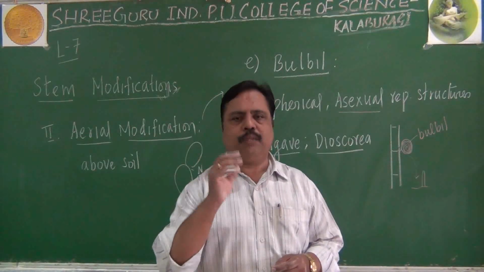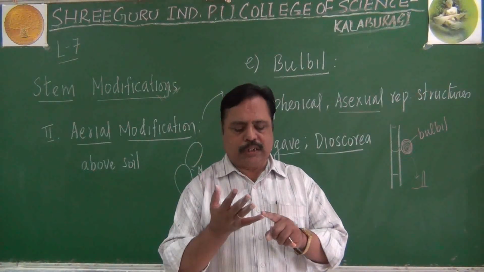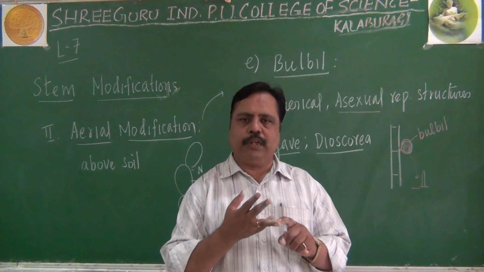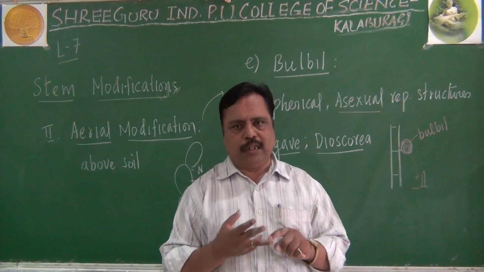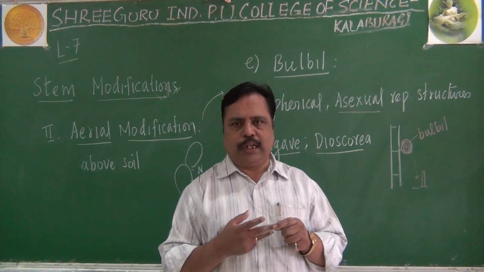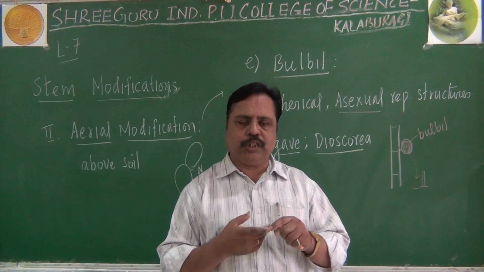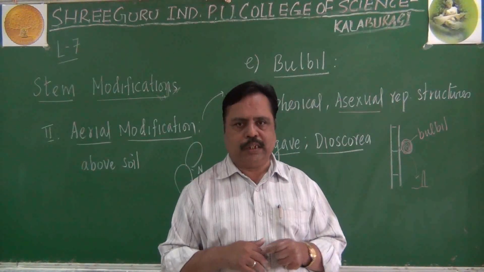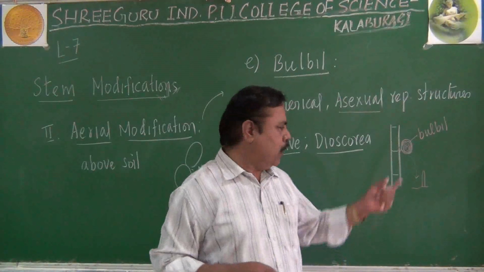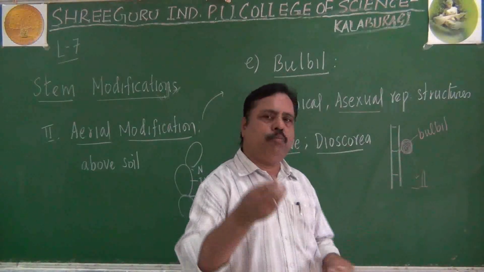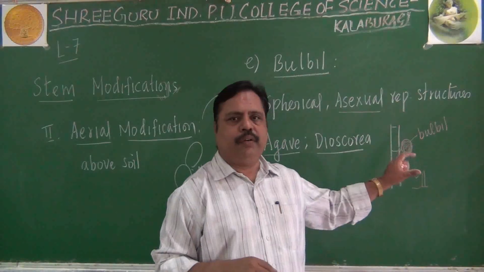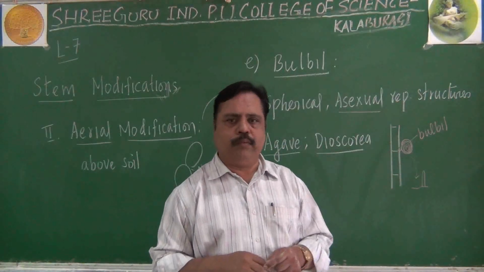So students, remember, there was support by tendril, protection from grazing animals by thorns, photosynthesis in phylloclade, storage and photosynthesis in asparagus. Now I am talking about asexual reproduction. In Dioscorea, this bulbil is able to grow into a new plant without any fertilization and gamete involvement.